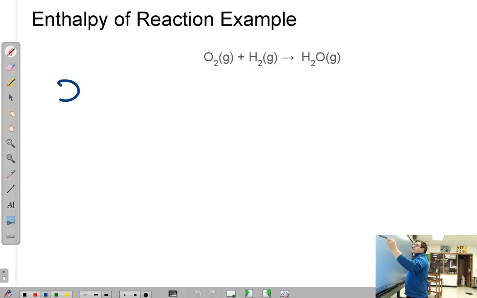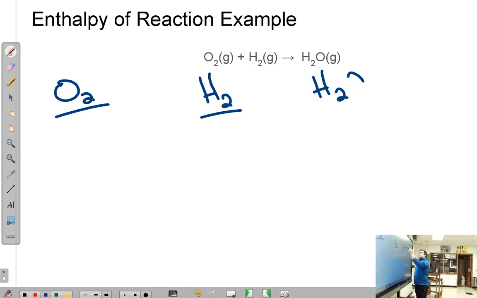I got oxygen here. I got hydrogen. And I got water. I know in that table I've given you, I went ahead and give you the enthalpy value of O2. It says in there specifically O2.